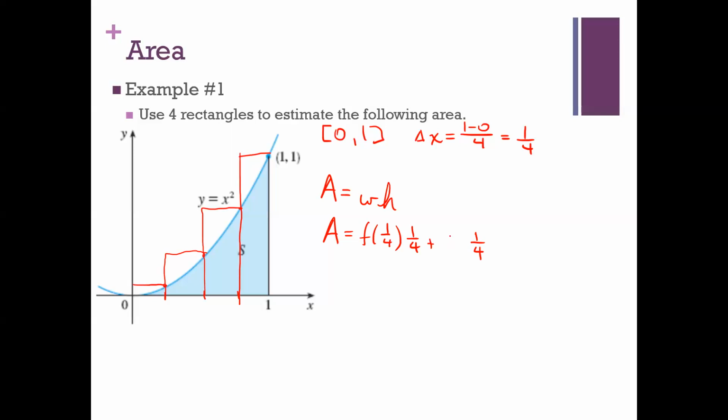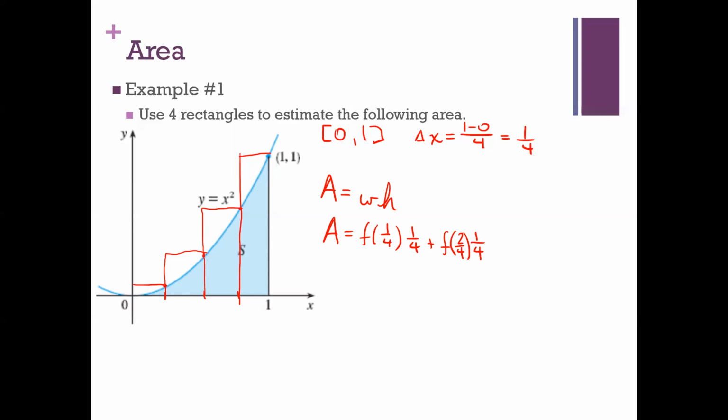So am I still saying f of 1/4 for the height? For now, I'll call it f of 2/4 just to make it clear what we're doing. So we're sampling at these regular 1/4 intervals. For the first rectangle, I'm pulling my height from the right end of the rectangle.